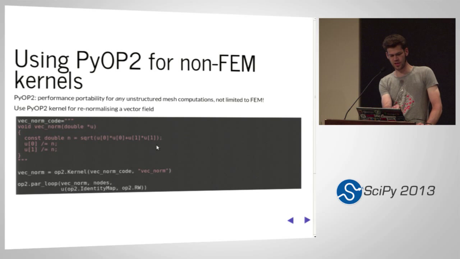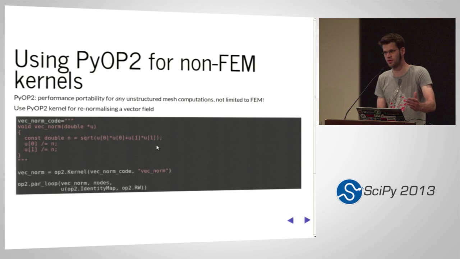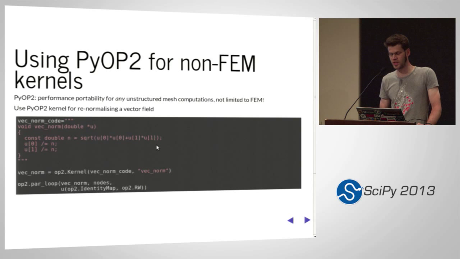This is basically just a C string, just C code as a Python string, which you just pass to PyOP2. So this is not dependent on the platform. We take care of the necessary annotations that you need when you want to run on a GPU.